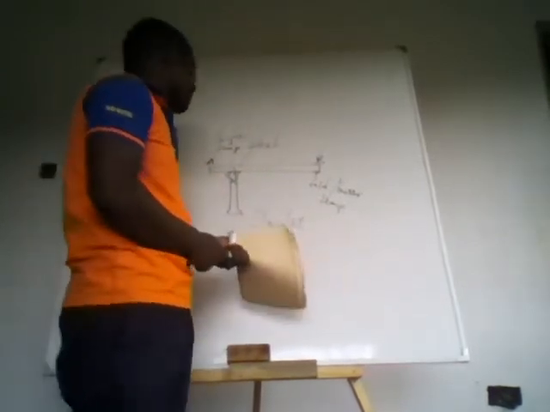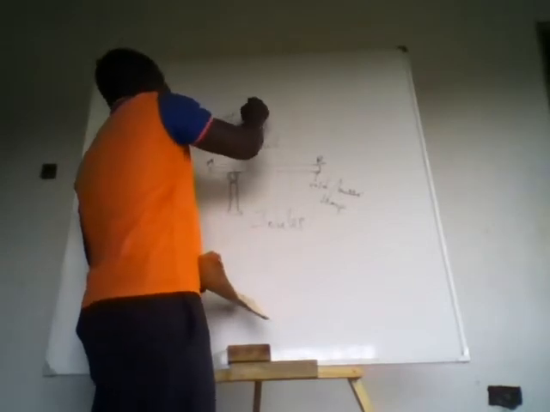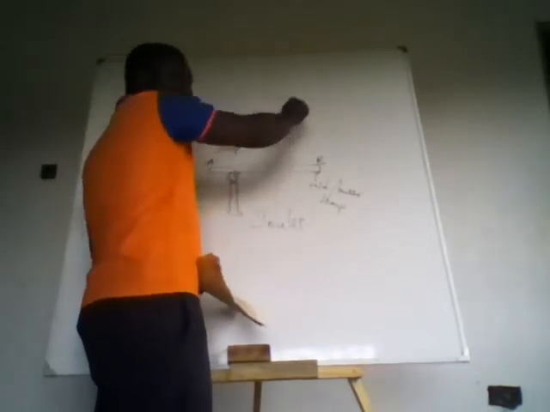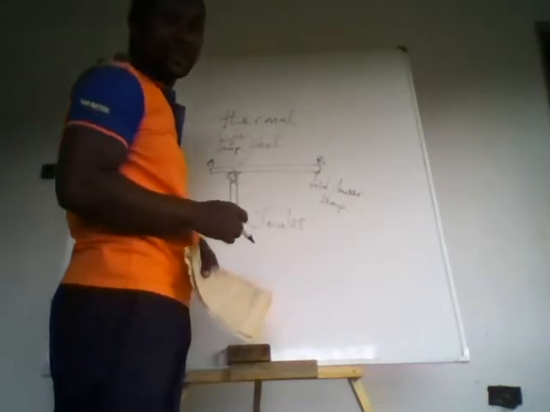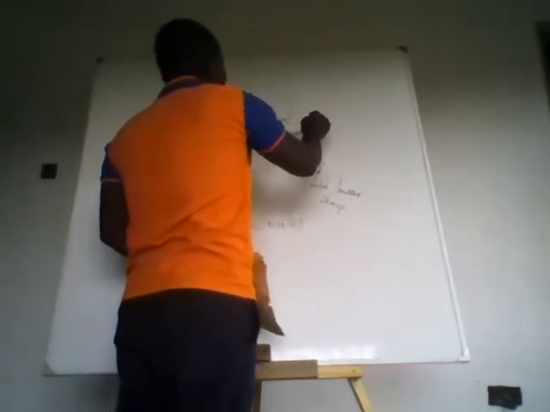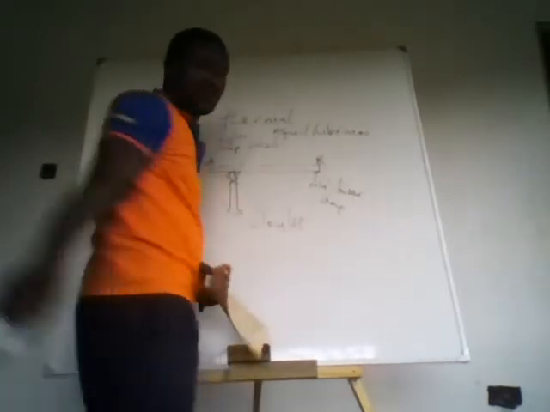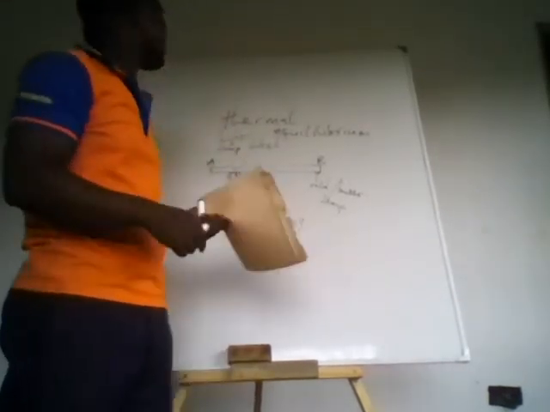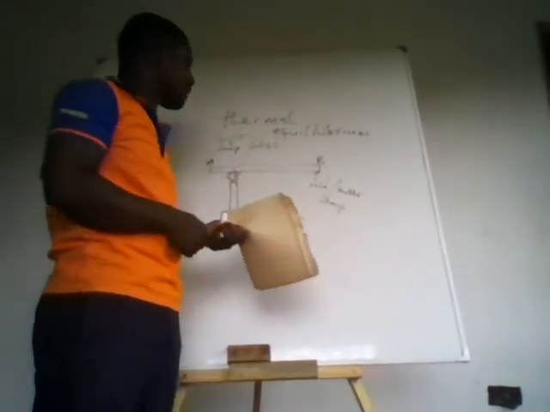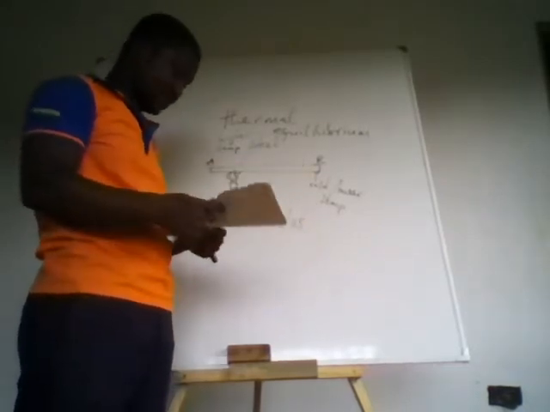We say that such a body has reached thermal equilibrium. So when a body reaches thermal equilibrium, then we say that it has the same temperature throughout.